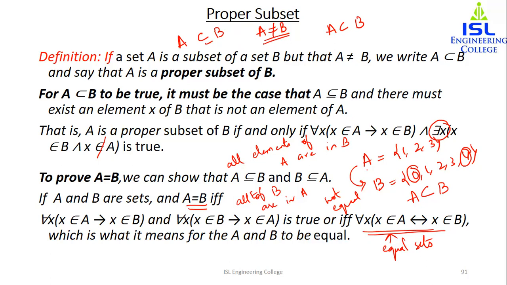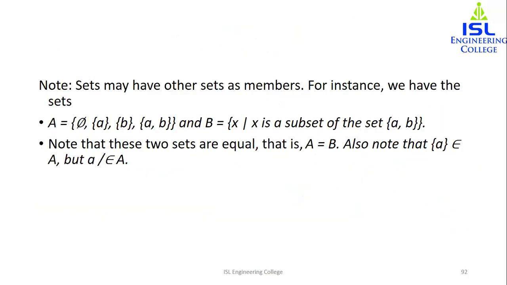Next, one more note to be remembered is sets may have other sets as members. Okay, so over here if we have the set {a, b}, then its subsets can be the empty set, the single element {a}, the single element {b}, and the entire set {a, b}. So {b} is a subset of {a, b}.